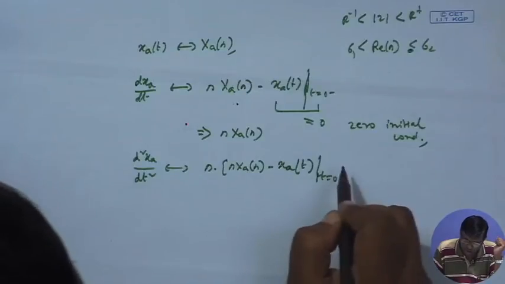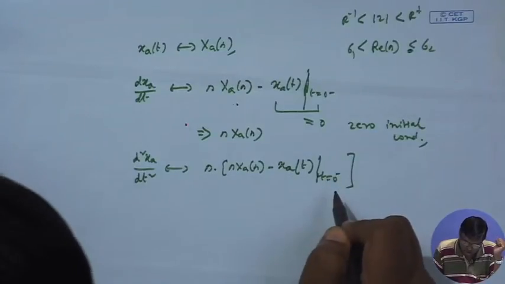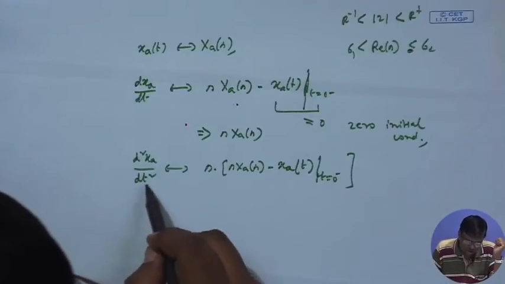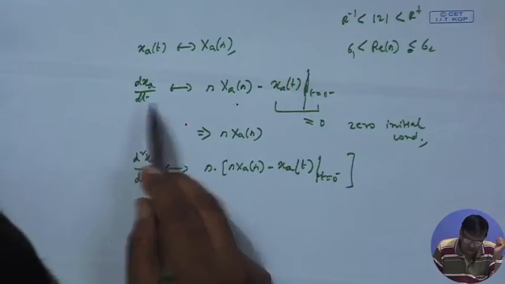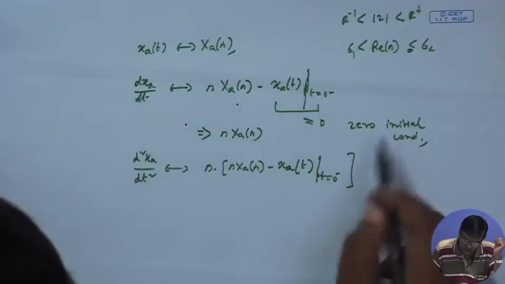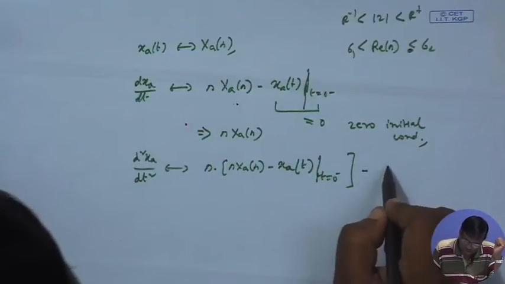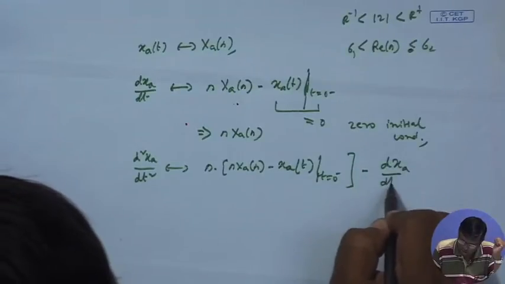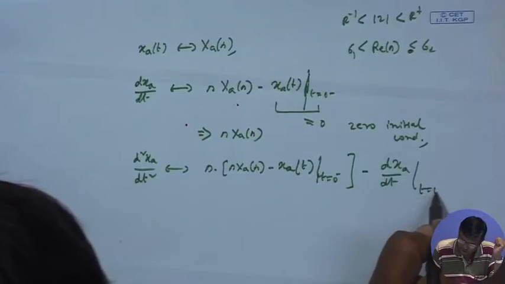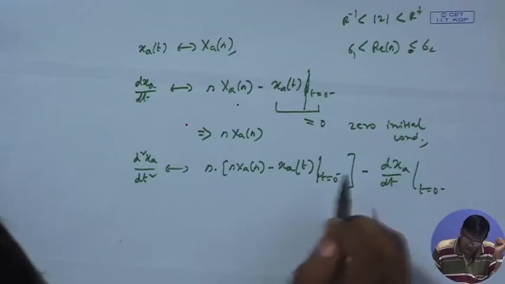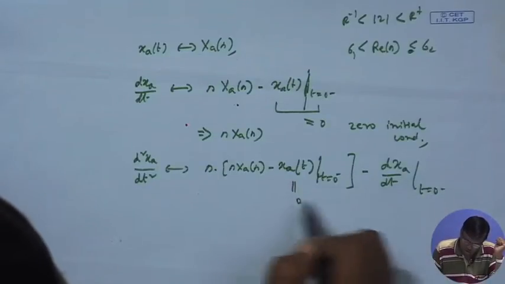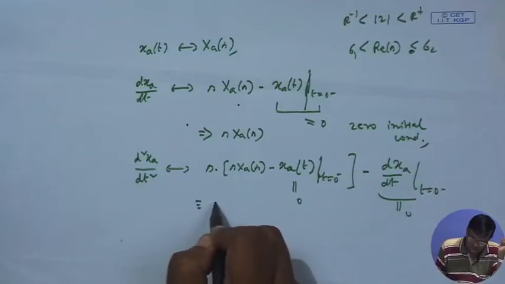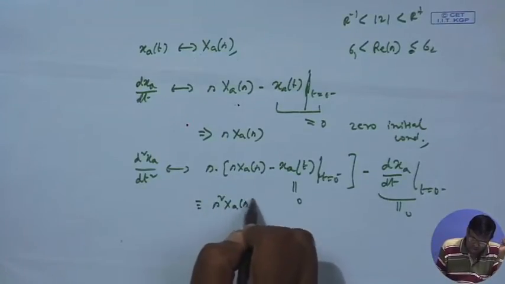I am giving the general result: s times the Laplace transform of dx/dt, minus this quantity dx_a/dt at t equal to 0 minus. Under 0 initial condition, this will be 0, this also suppose is 0, then it will be equal to only s square X_a(s), and so on and so forth.